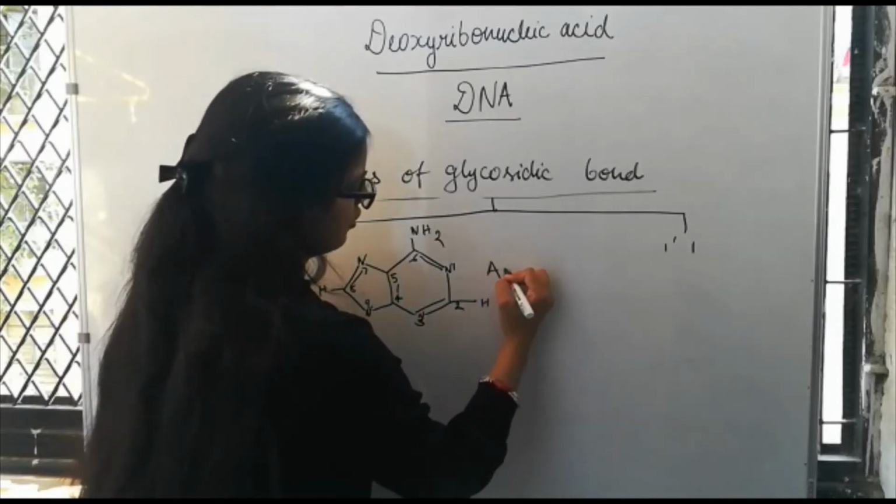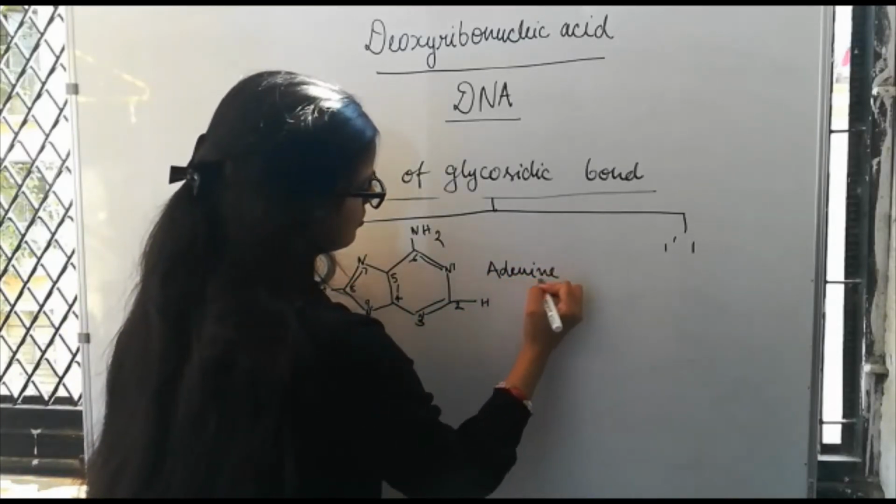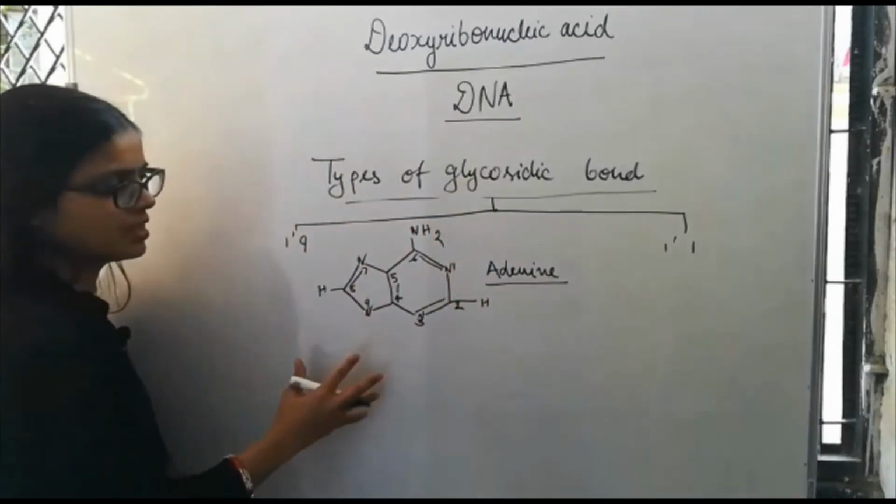This is the structure of adenine, and this is the double ring structure.